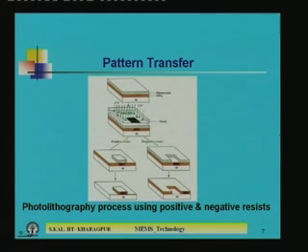Now, you can see the positive photoresist case, where the transparent region, particularly this portion, is exposed. So, in this portion the photoresist will be softened, and in the developer solution this portion of photoresist will be removed, and only in the black region will the photoresist remain.